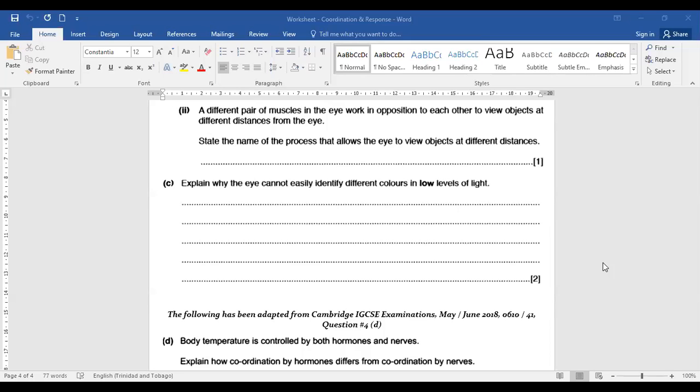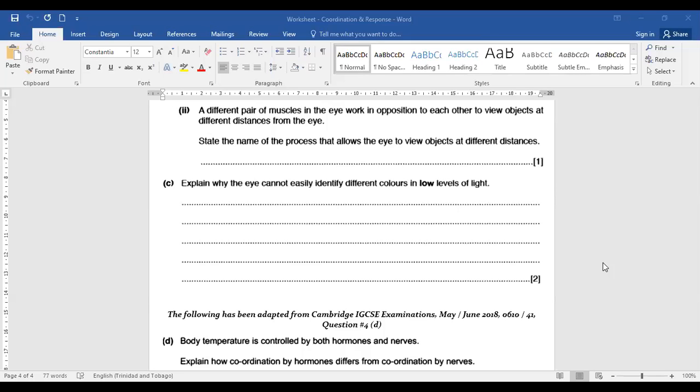Remember, it's cones. Which one of them allows you to see in color? That's okay, Desha. Which one allows us to see in color? Right, very good. Cones allow us to see in color, and rods allow us to see in dim light.